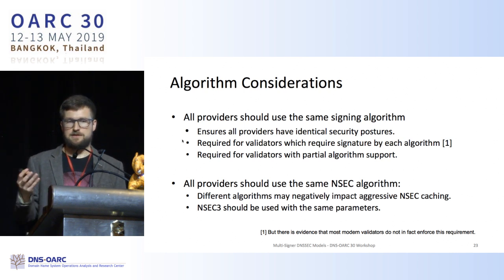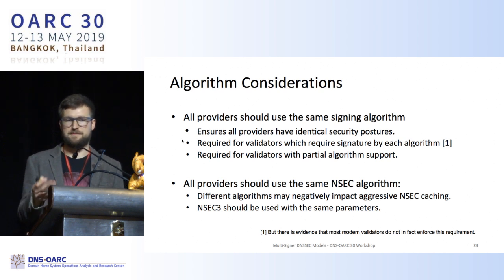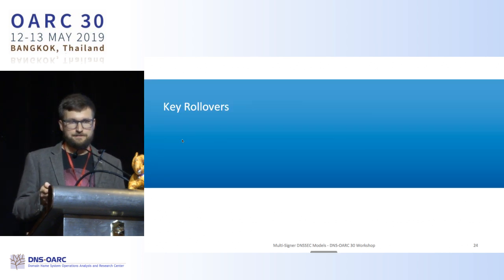But it's probably better because, again, some validators employ aggressive NSEC caching, and this might negatively impact this mechanism if 2 different providers serve different NSEC at the same time.